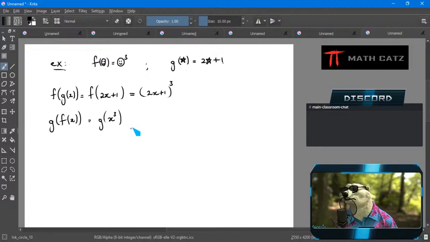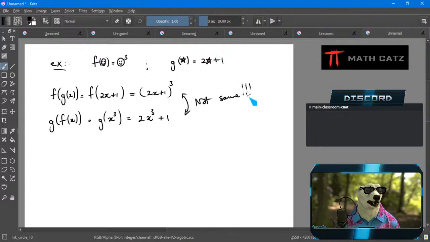All right. Now g is ready. Its input is x cubed. What does g do? It multiplies the input by 2. It adds 1. Please notice that these are not the same.